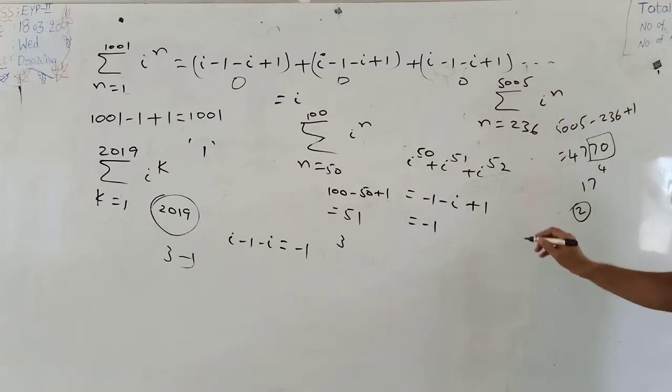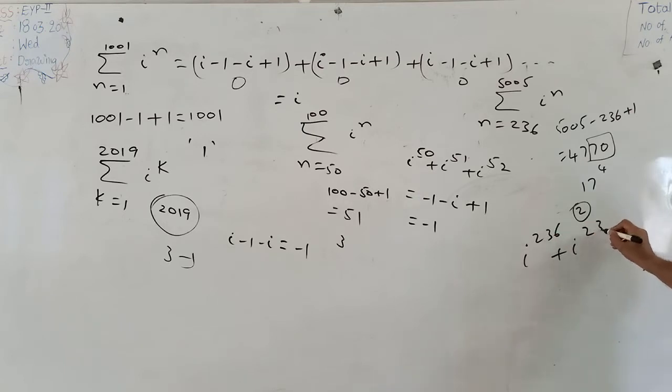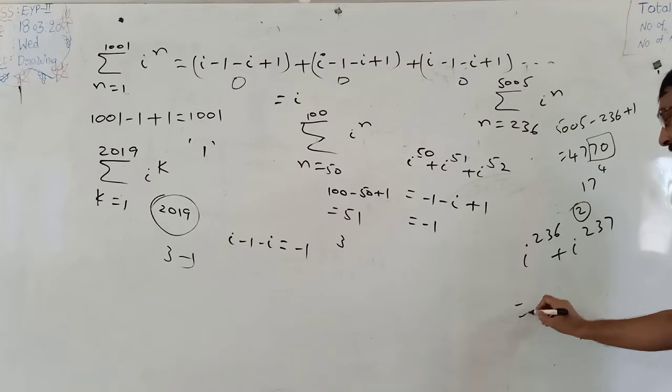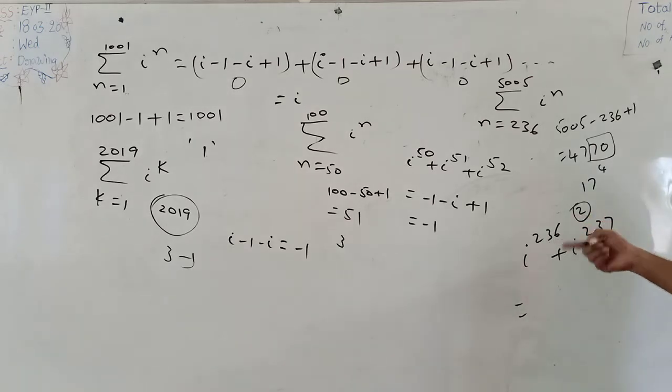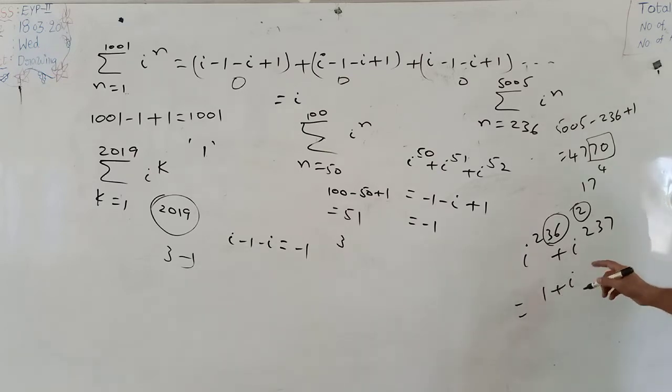I am taking the first 2 terms. Therefore, i power 236 plus i power 237. Again the remainder procedure: divide 36 by 4, remainder 0, therefore 1. 37 divided by 4, remainder 1, therefore i. So the answer is 1 plus i.